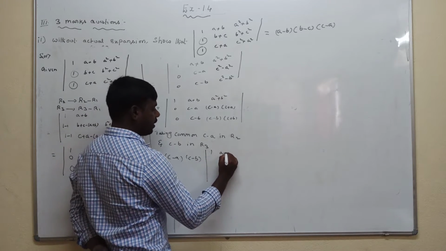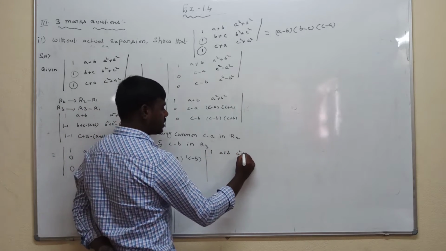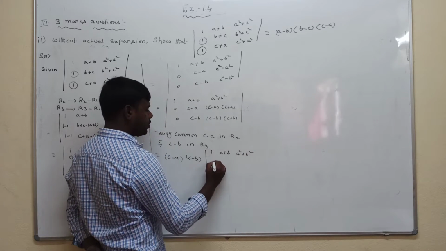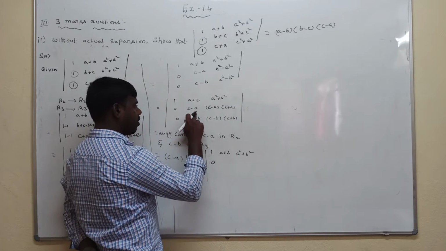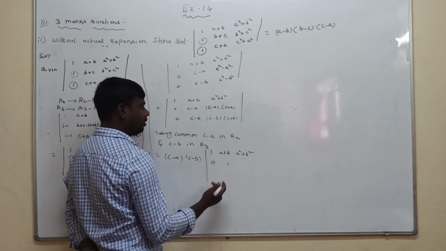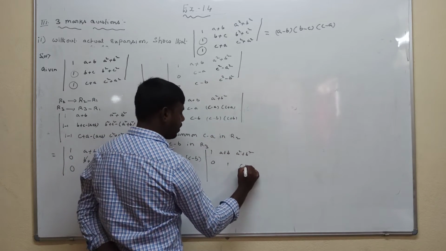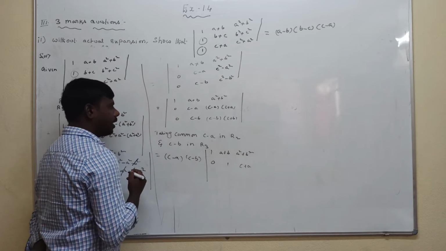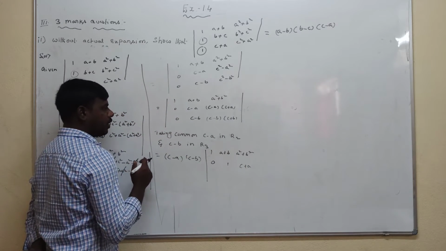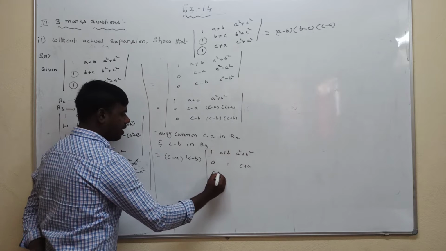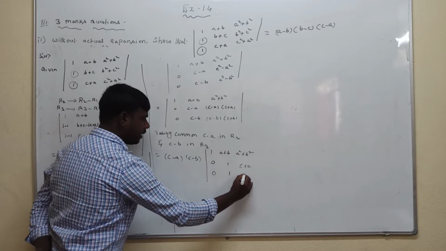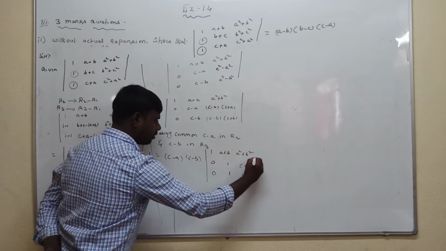So 1, a plus b, a square plus b square, 0. c minus a taking common outside, left of the elements are 1, c plus a. Next, third row, c minus b taking common, left of there is 1, here is c plus b.